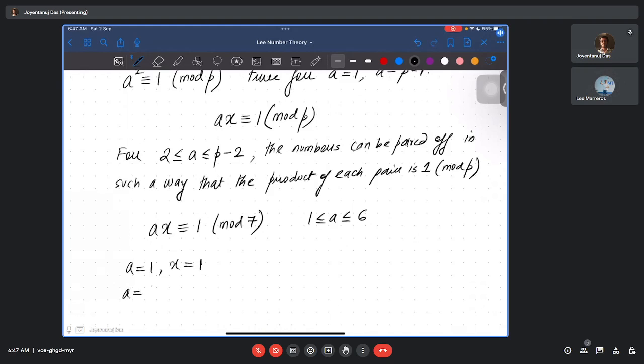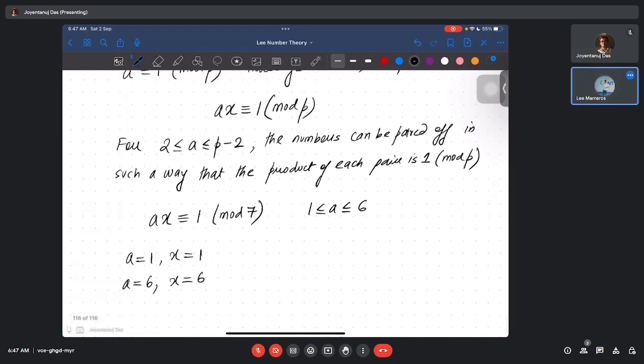Similarly, if a equals 6, then x is also 6, because 36 is 1 mod 7. Now let us see what happens to the other numbers.